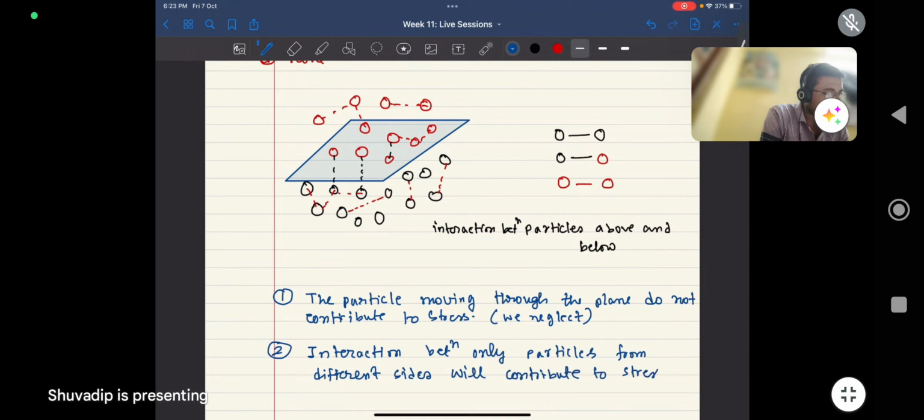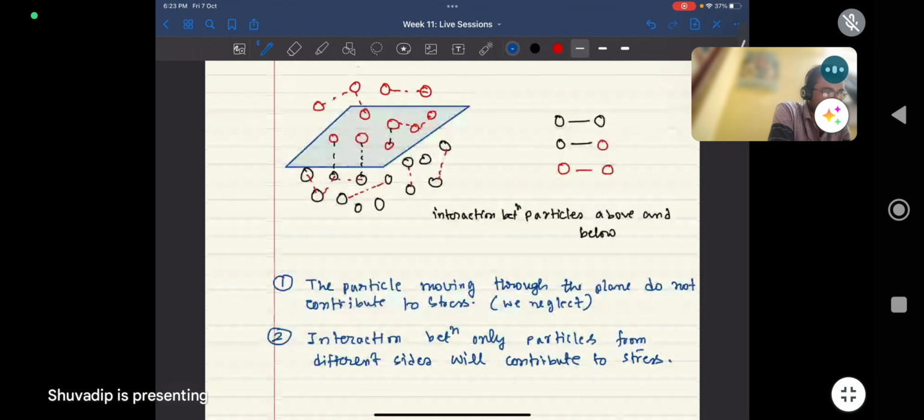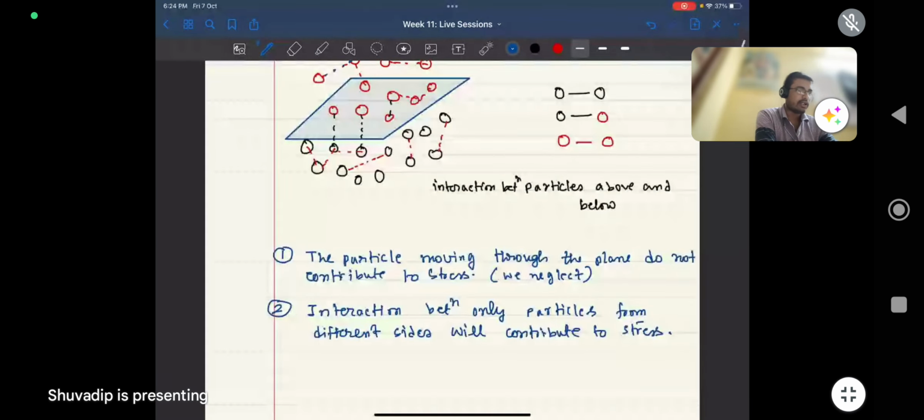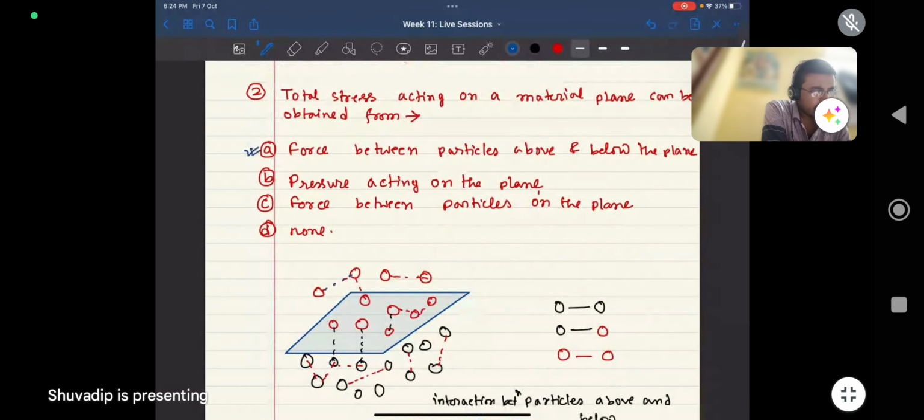So this is also an assumption. As we have seen in the lecture, the interaction between particles on one side, as long as they are not crossing the plane, is not generating any stress, but when they are crossing the plane of our interest, they are directly contributing to the stress. So in this question, option A is the most appropriate option here.